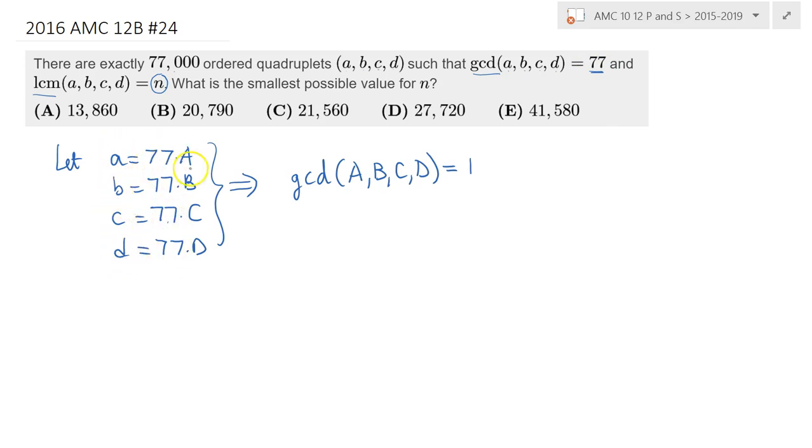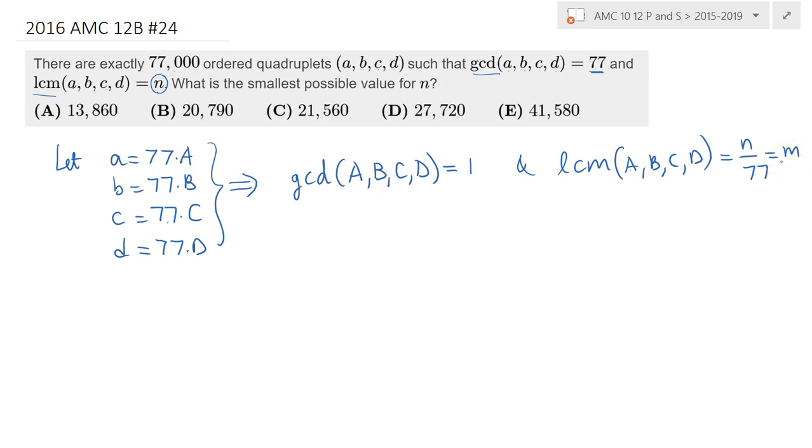So we are left with four relatively prime numbers, and the least common multiple of these four numbers A, B, C, D would now be n divided by 77. Now that we have removed 77 from each one of them, their least common multiple goes down by 77. Indeed, we can go ahead and call this fraction m.